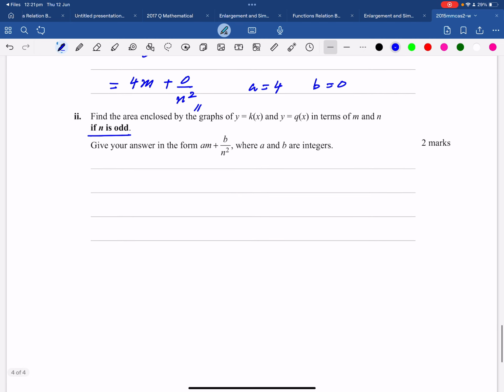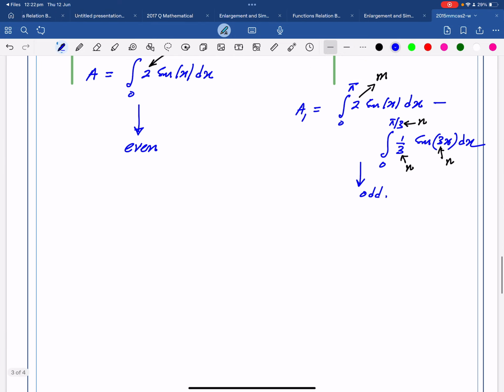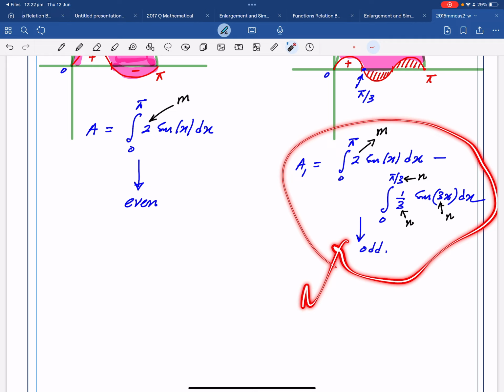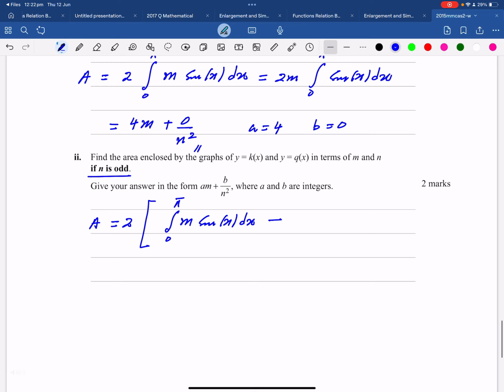Moving to the odd case. We understood the odd case in the previous one. The area is 2 times, because we have 2 sections, the integral from 0 to pi of m sine x dx, minus, and here I'm just copying this section, the integral from 0 to pi divided by n of 1 divided by n sine nx dx.